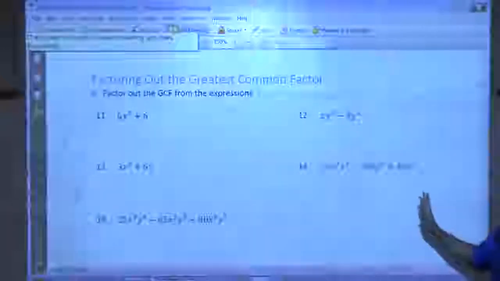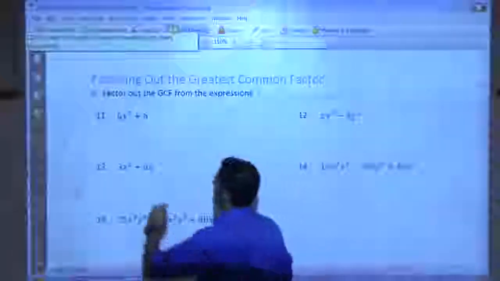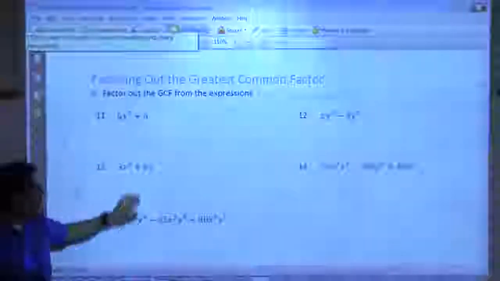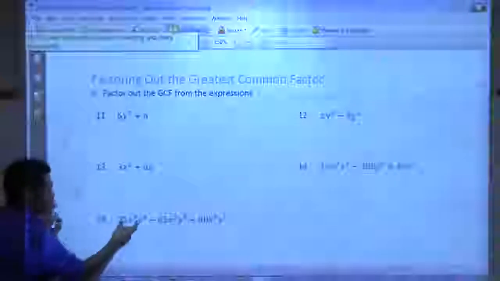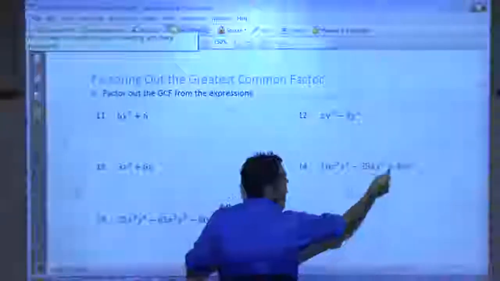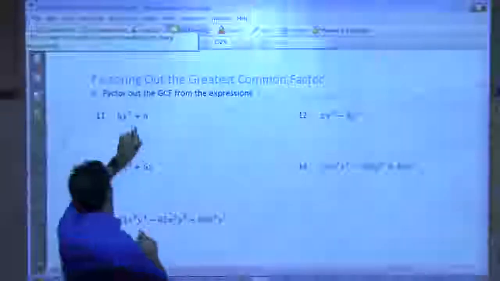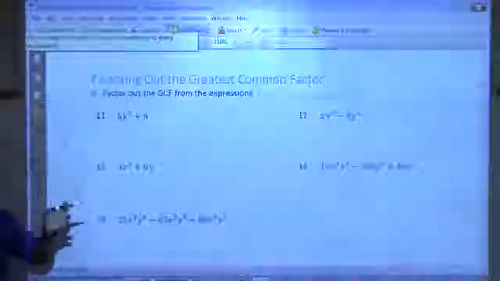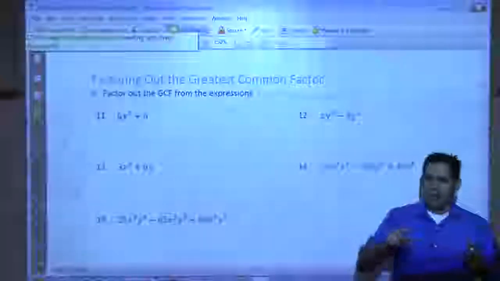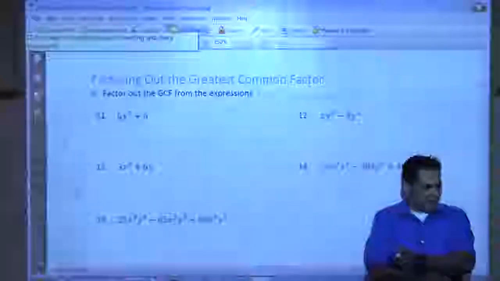So the whole idea here is this. You're given an expression, and it has pluses and minuses between these things. These are called terms. So we have addition, subtraction. Whenever you have terms split up with addition and subtraction, what you're trying to do is turn it into something that has multiplication instead.